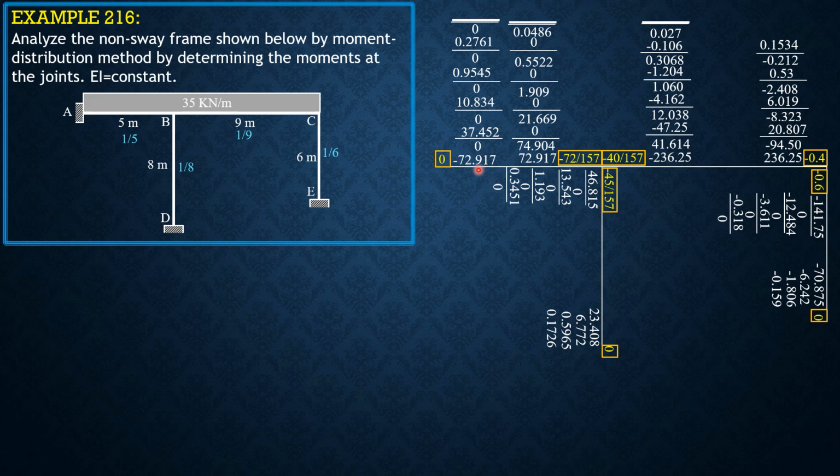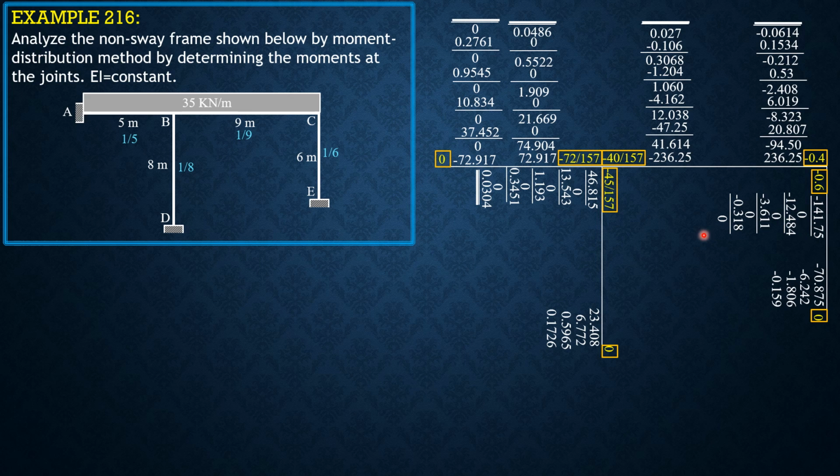So adding the moments here, you have negative 23.4. Here 172, here negative 233.926. Then here adding 61.926. So here adding 158.255.